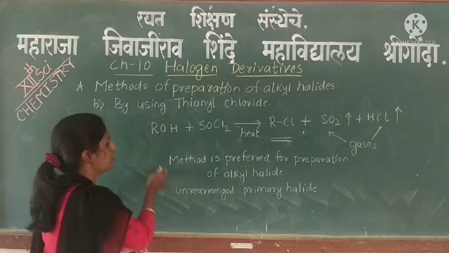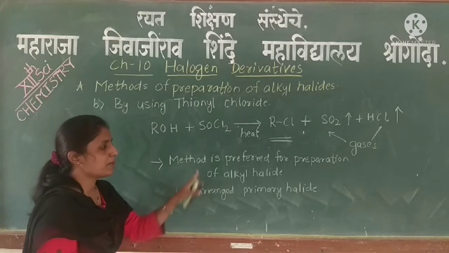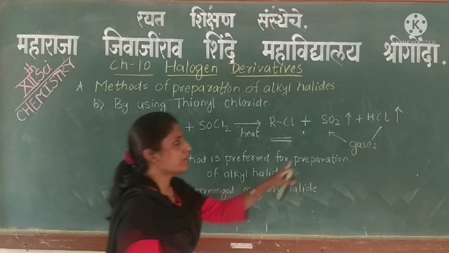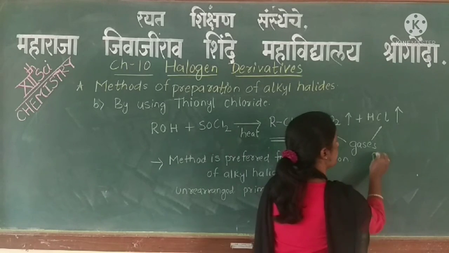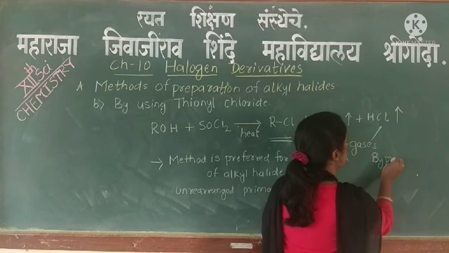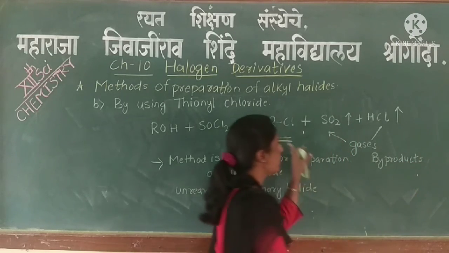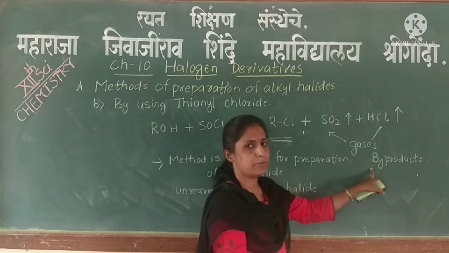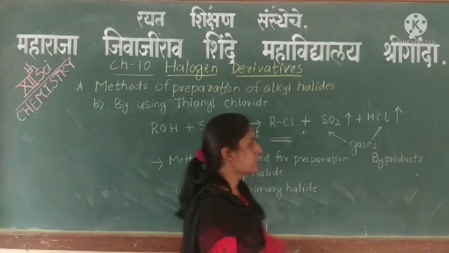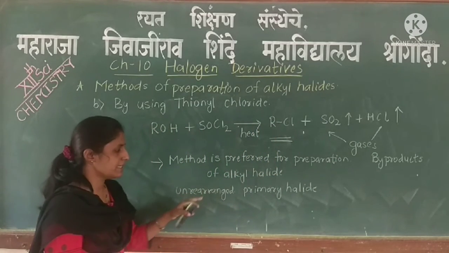So this is the advantage of this method, that it is preferred for preparation of alkyl halide because the byproducts are gases. This is your main product, but these are along side products, so they are called byproducts. And these byproducts are gases.